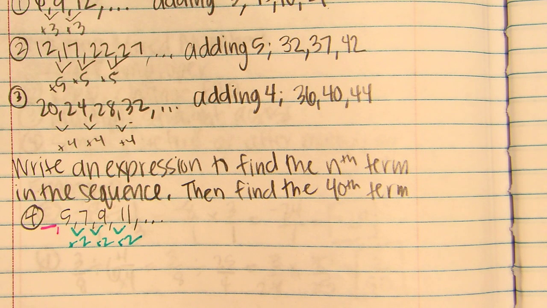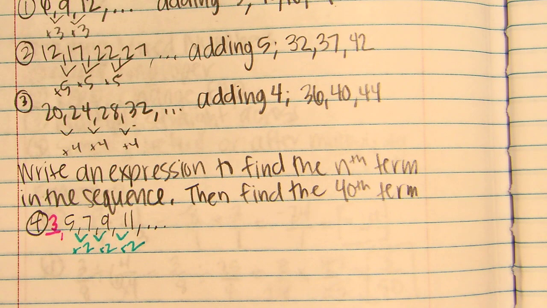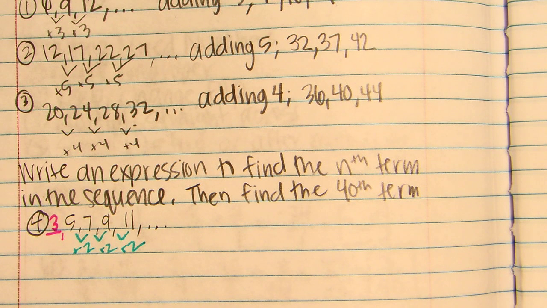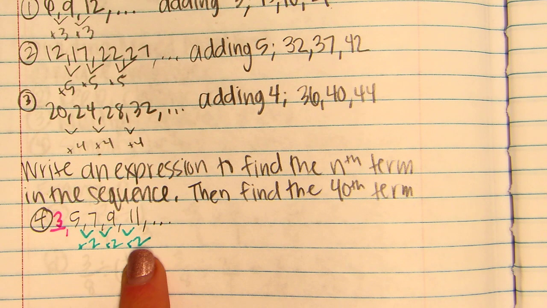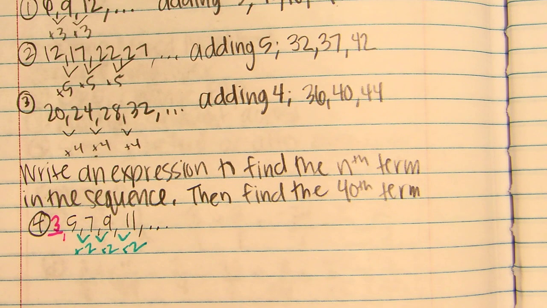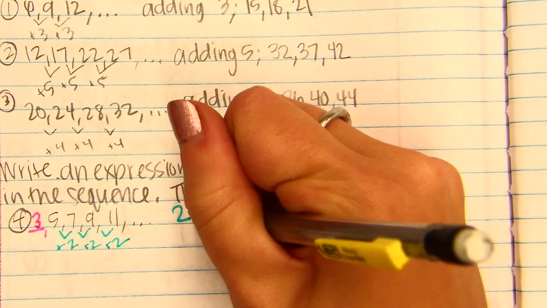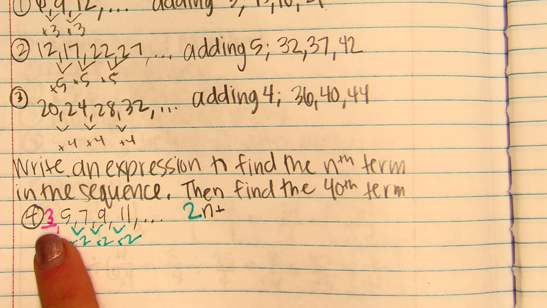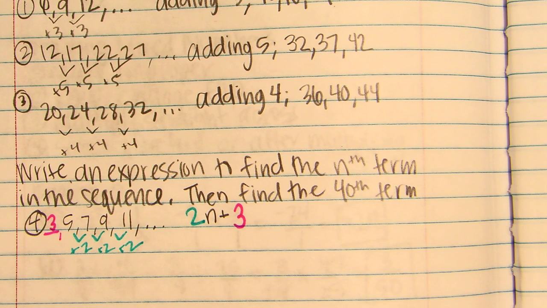In this case, it would be a 3, because 3 plus 2 would be 5. And I'm going to use those to write my expression for the sequence. The pattern will always be whatever you're adding, so in this case it's a 2, times n, so times the number of terms, plus the number that came before the whole thing started. So 2n plus 3 in this case.